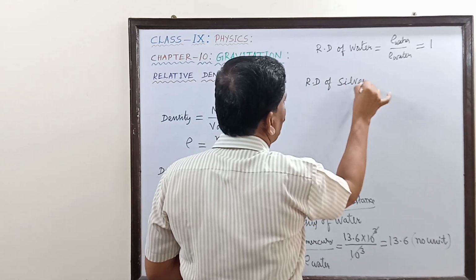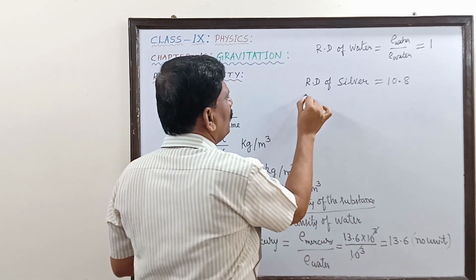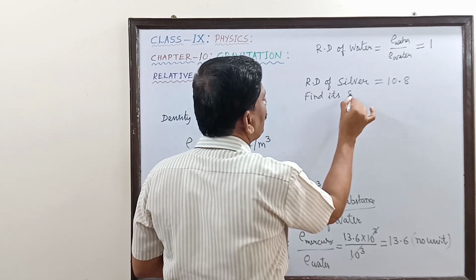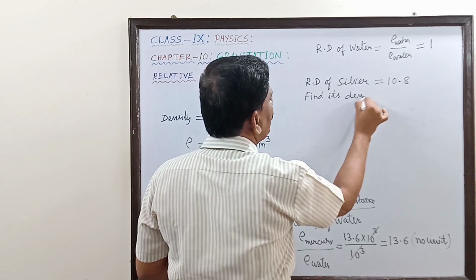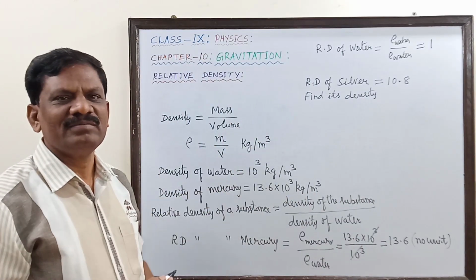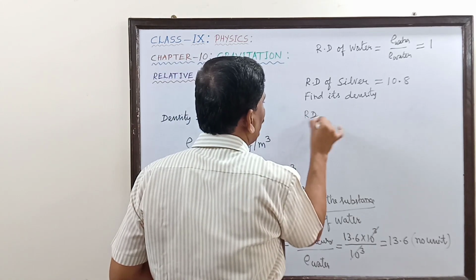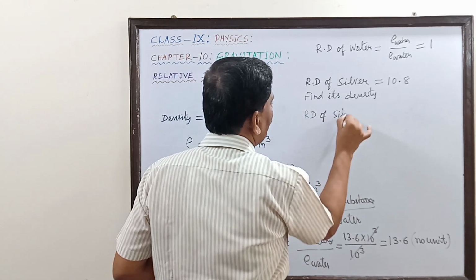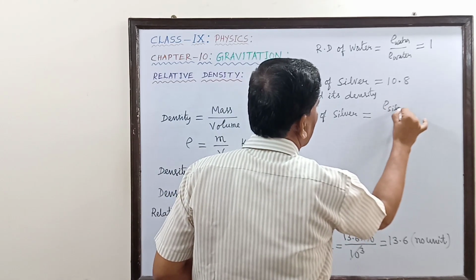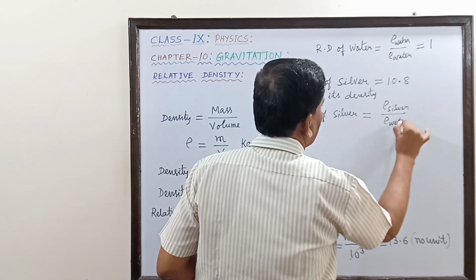Okay. Now one numerical, let us take the relative density of silver is equal to 10.8. So find the density of silver. Very simple numerical problem. Using this formula, relative density of silver is equal to density of silver divided by density of water.